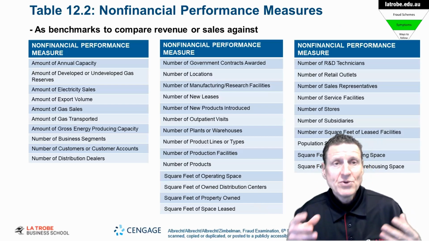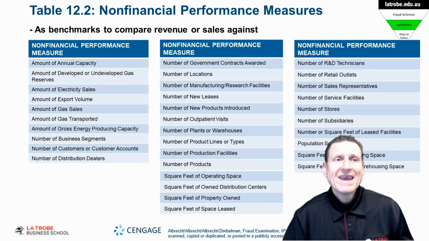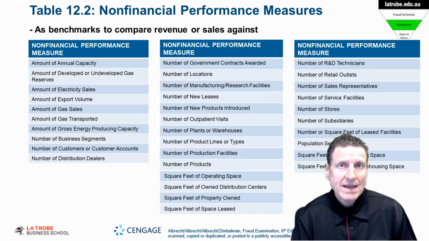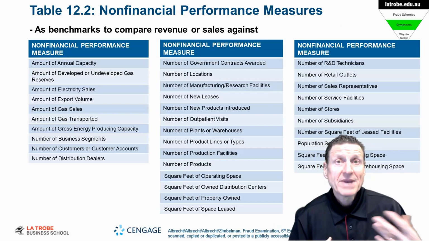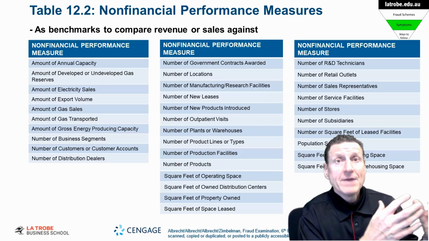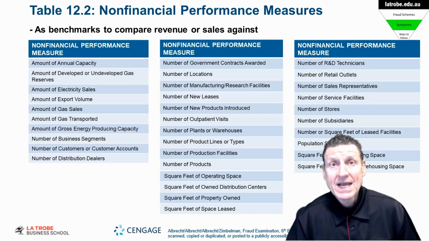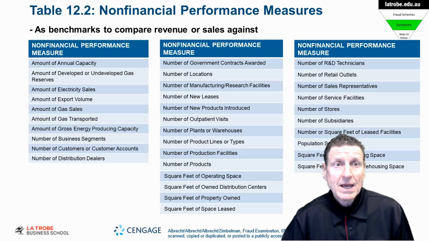All right. So here is a lot of non-accounting information to compare the accounting information with, to get a better handle on, is something strange or is something normal with the balance sheet and profit and loss for this financial reporting period.